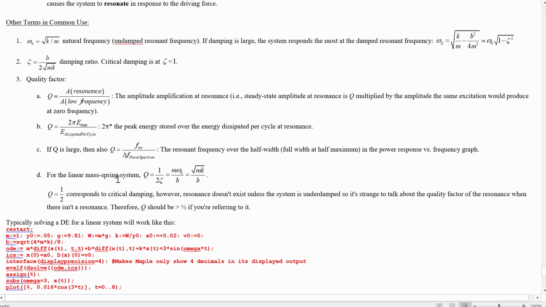For a linear mass spring system, Q is equal to root mk over b. It's not this for other systems because there isn't really a mass or a spring constant if you're talking about something like an RLC circuit, but it is still this with the equivalence of mass, spring constant, and damping constant.